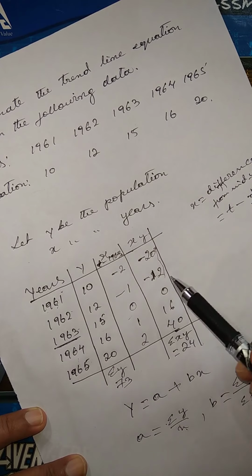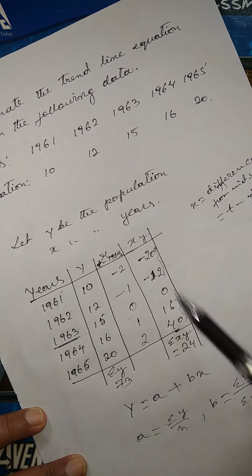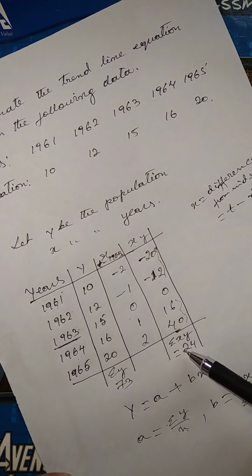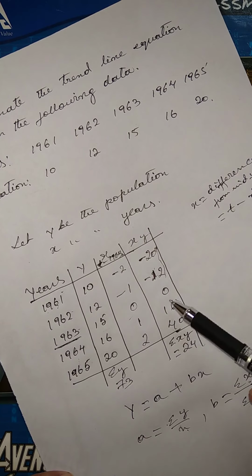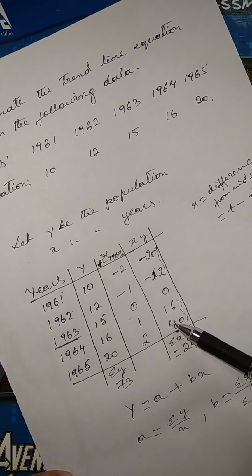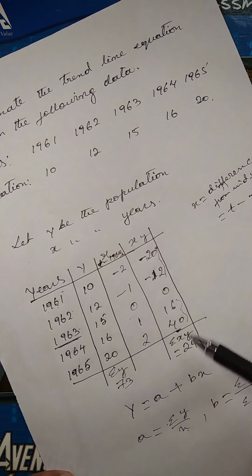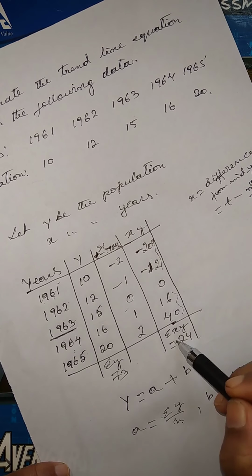Remember, when you have negative and positive values, first add them separately, then subtract. If the positive value is greater than the negative value, the result is plus. If the negative value is greater, the result is minus. In this case the positive value is 56 and the negative is just 32, so the result is positive.